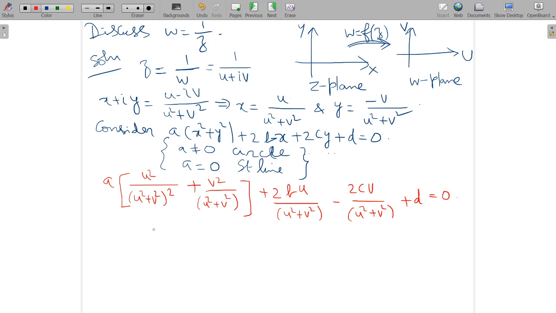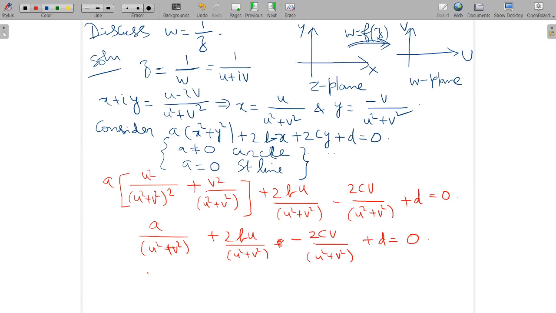When I simplify this, I will have a by u squared plus v squared plus 2bu by u squared plus v squared minus 2cv by u squared plus v squared plus d is equal to 0.